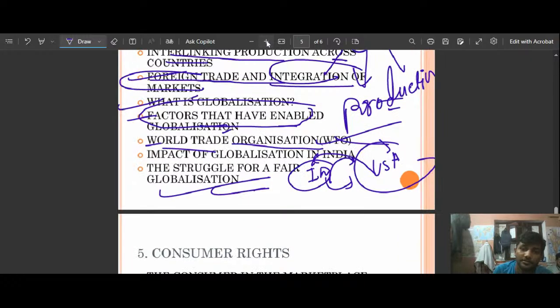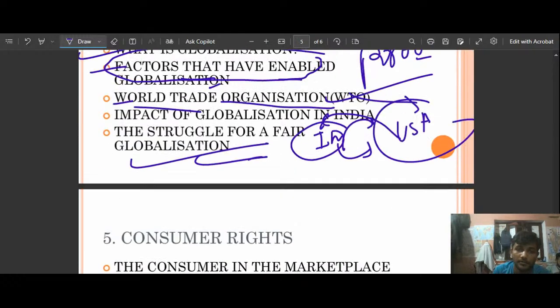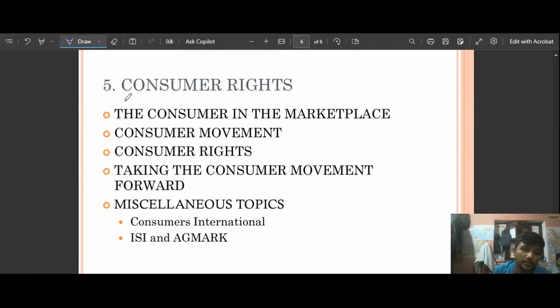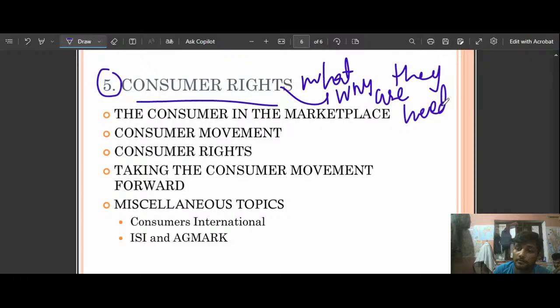And our next and last topic is consumer rights. What are consumer rights, why are they needed?